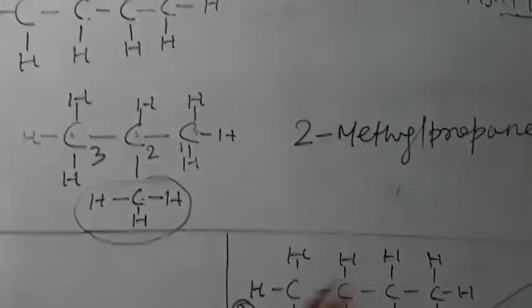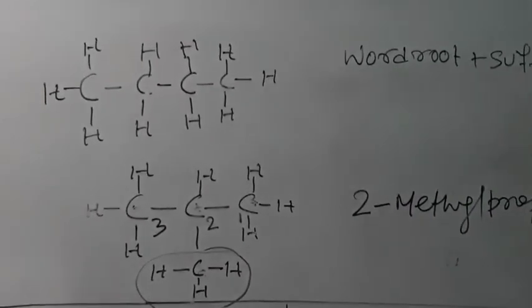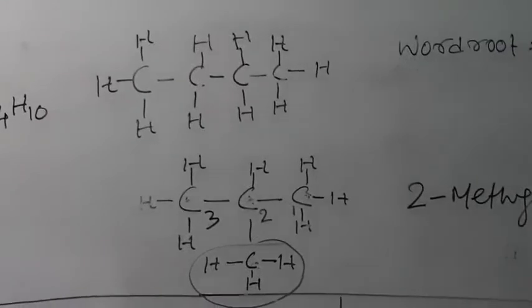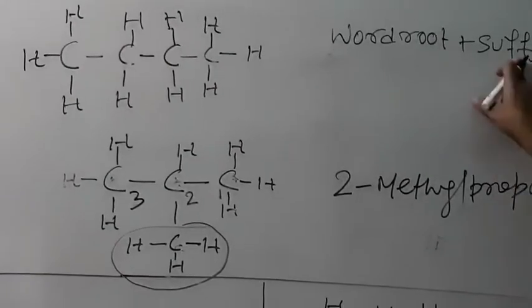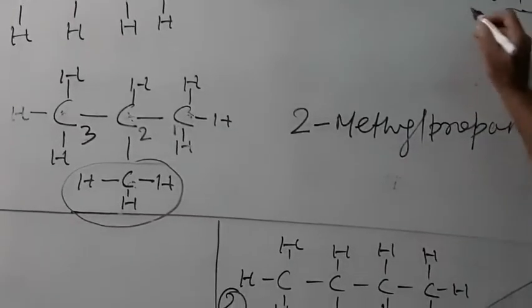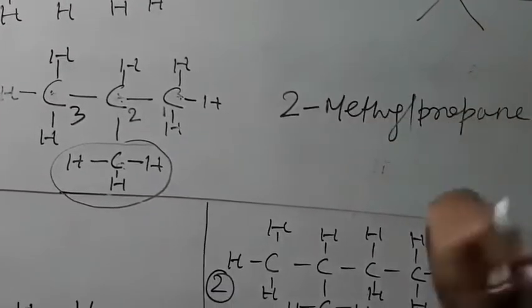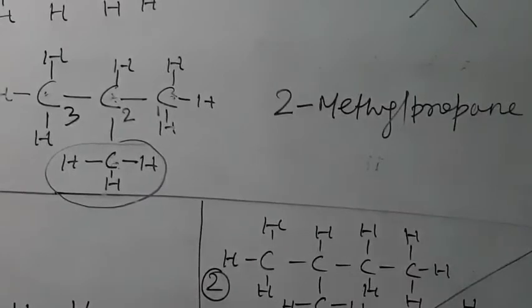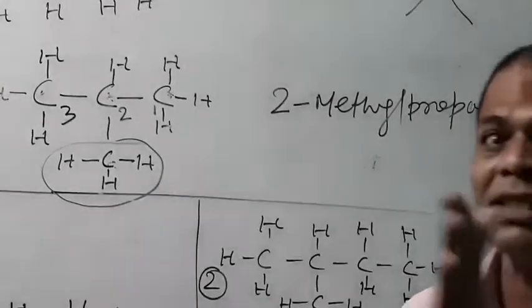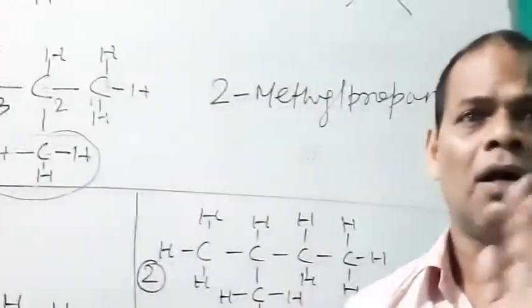Once again, what is the word root? The word root is the number of carbon atoms. Suffix is what? Nature of linkage. We have two types of suffix: one is a primary suffix, another is a secondary suffix.